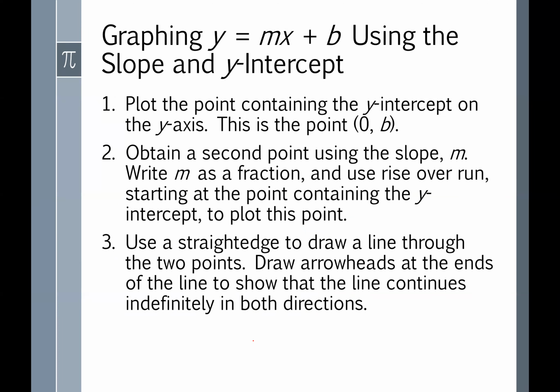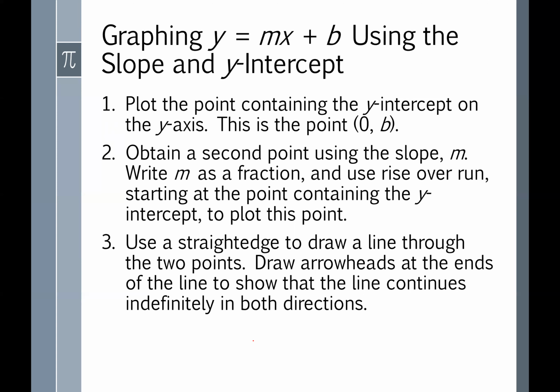That's the first thing we did this semester, we plotted points on the coordinate plane and got the pictures of equations. And then we can use slope and y-intercept also to graph the equation specifically of a line.